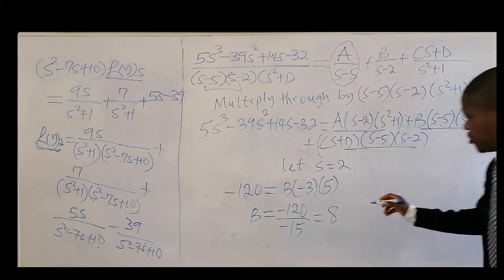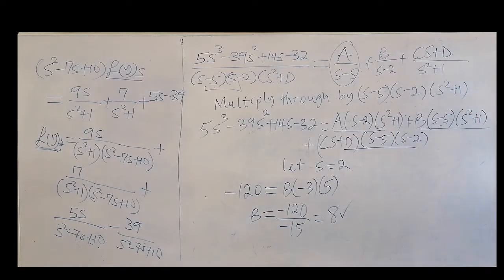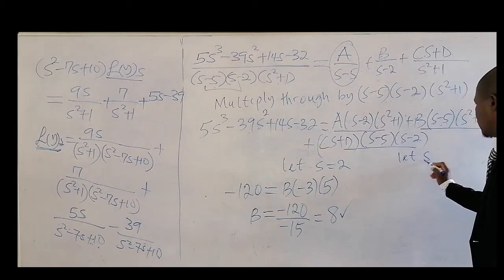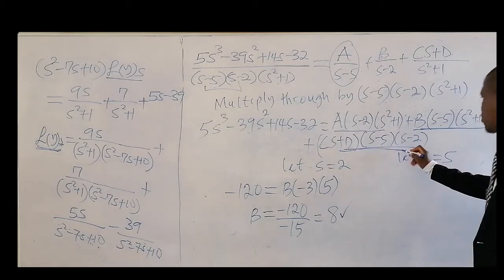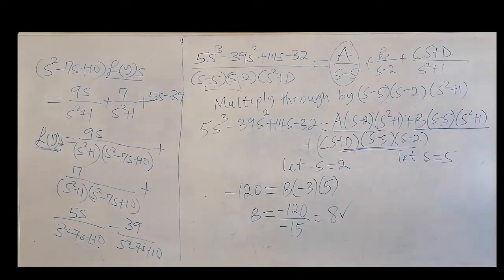Yeah, so B is what? B is 8. We can also check again. We can also try letting s be equal to 5. If we do that, this expression we cancel, this we cancel, we can get this. So let's do that.